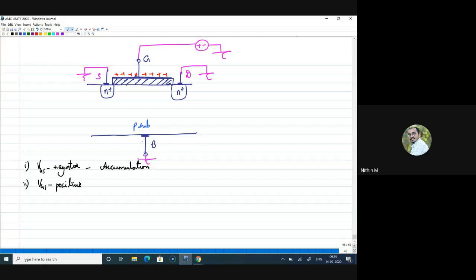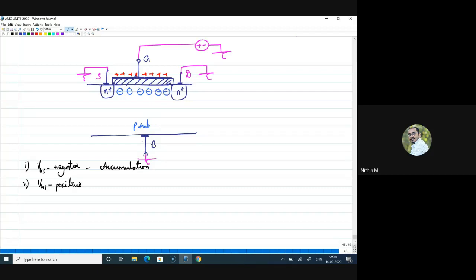Initially, we know the P substrate has many free carriers, which are holes. But now those holes will be pushed away from the region beneath the gate, and whatever is left will be negative immobile ions.